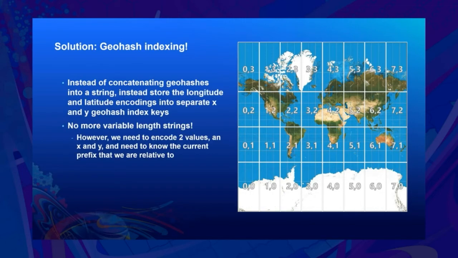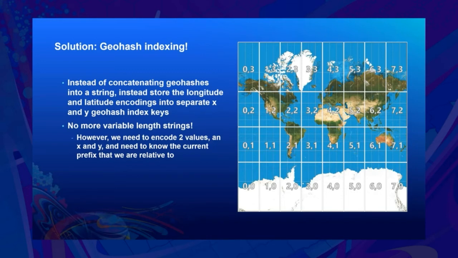And this gets us to the solution for our fast neighbor lookup, which is, instead of concatenating the geohashes into a string, we can instead store these otherwise zigzag encoded longitude and latitude bits into separate x and y geohash index keys. Hooray, right? There's no more variable length strings. We just set a max geohash level, and we use that to drive the size of our integer index keys.